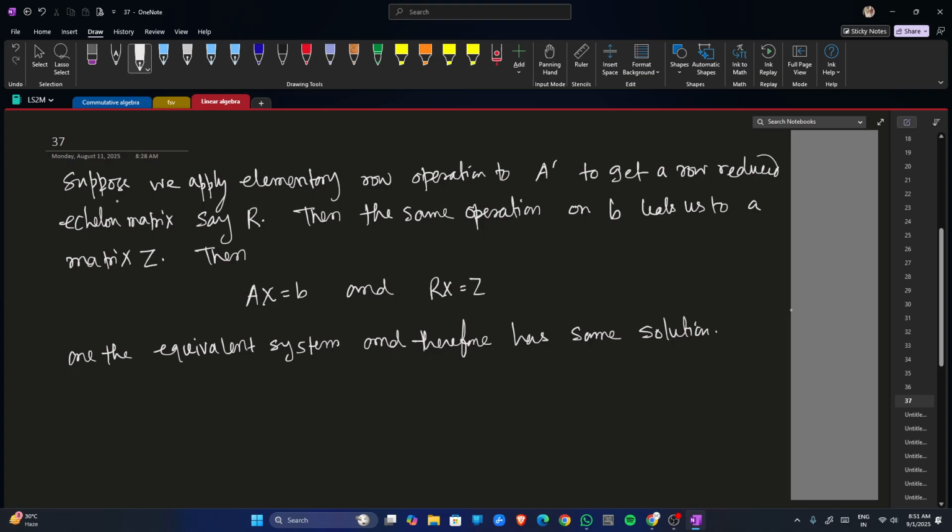Now, in order to determine whether Rx equal to Z has a solution or not, you need some condition. So what is the condition?